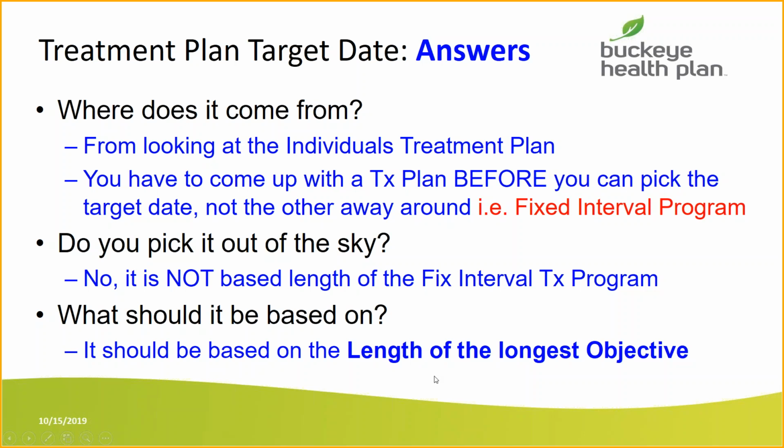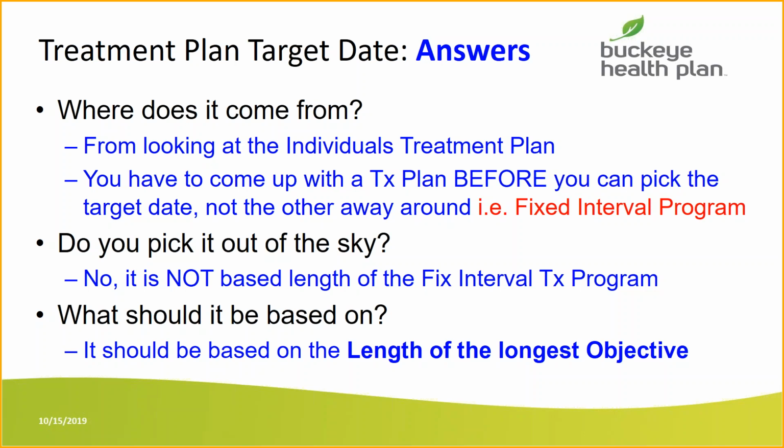So if I have 5 objectives, and objective 1 is 1 week, objective 2 is 2 weeks, objective 3 is 3 weeks, objective 4 is 4 weeks, objective 5 is 5 weeks, then obviously I cannot have a treatment plan target date less than 5 weeks, because I would not have given the patient enough time to complete his or her objectives to allow them to complete their treatment goal.